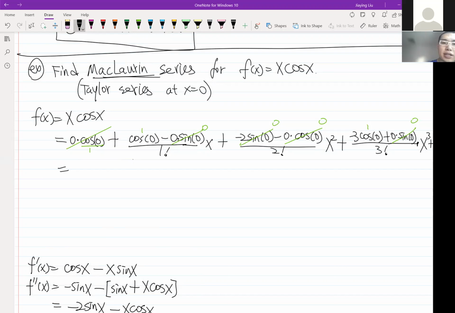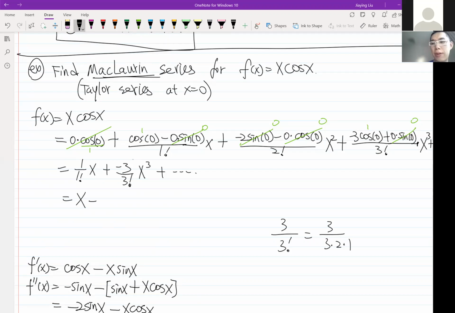And then 1 over 1 factorial times x. The x squared term becomes 0, but the x cubed term becomes negative 3 over 3 factorial x cubed, and so on. So this becomes x minus, if we simplify 3 over 3 factorial, that becomes 3 over 3 times 2 times 1.